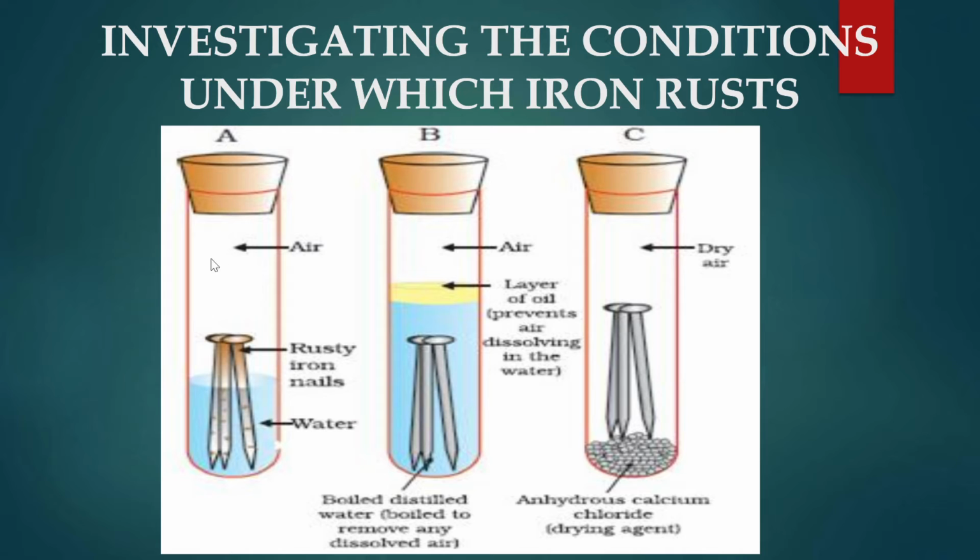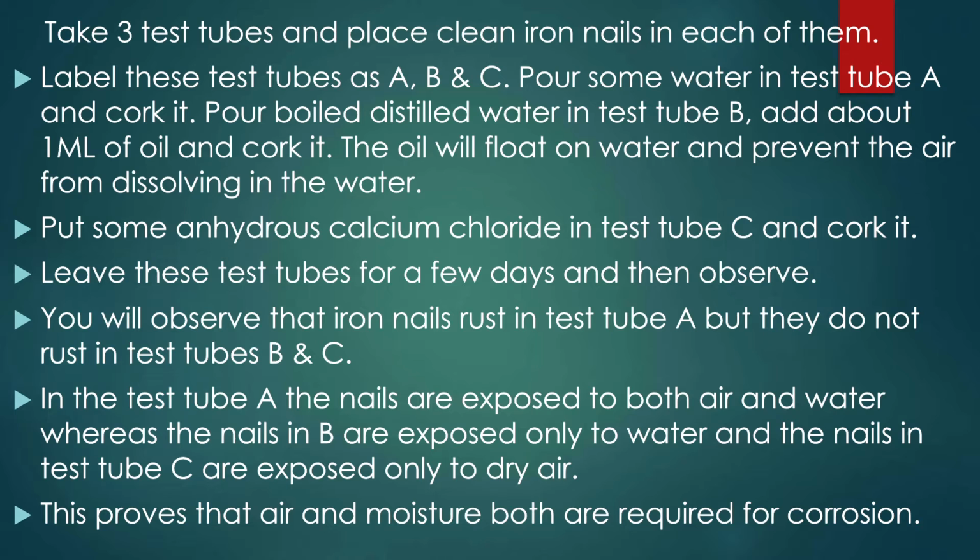Because the nails in A are exposed both to air and water, whereas in test tube B and C, the nails are not exposed to both the conditions. That is, in test tube B, the nails are exposed only to water, not to air, and in test tube C, they are exposed only to air and not to water. Okay, so this activity proves to us that iron rusts only in the presence of air and moisture.